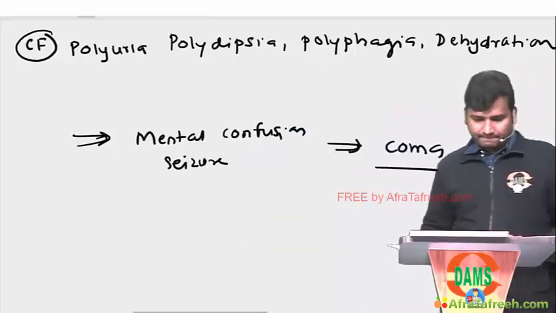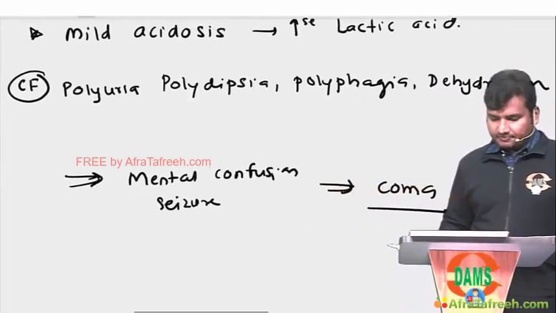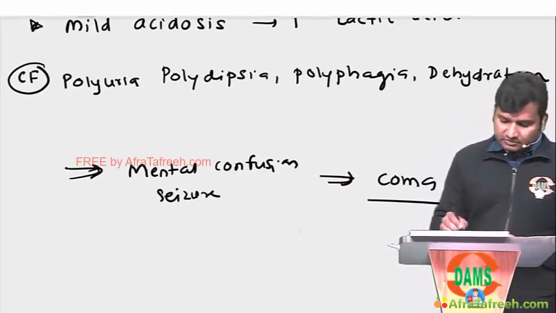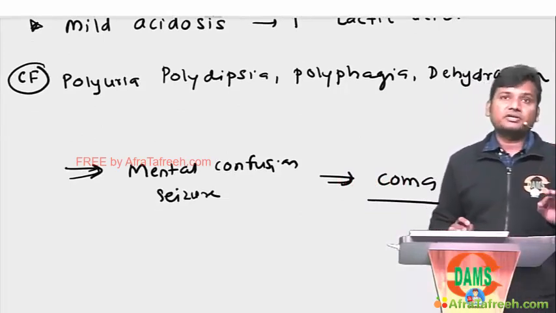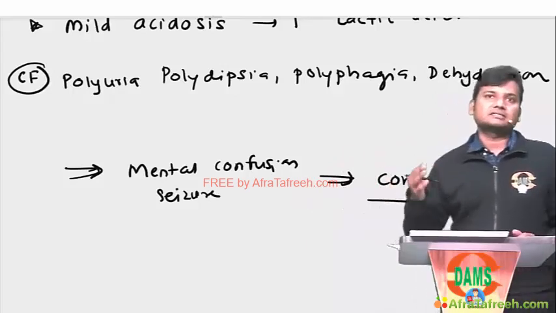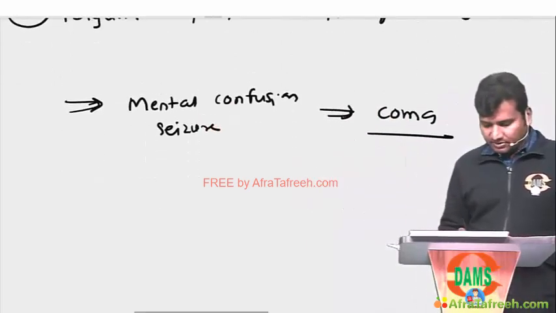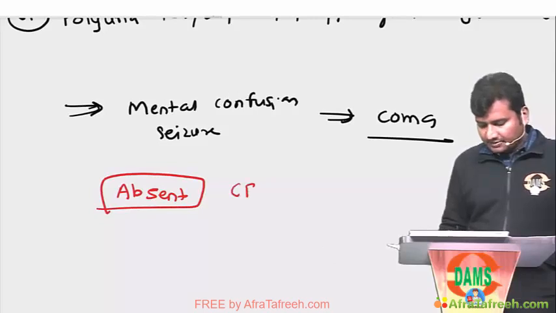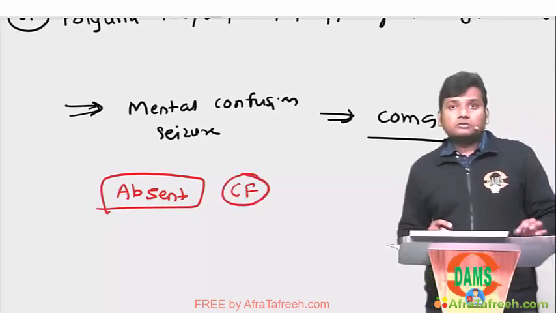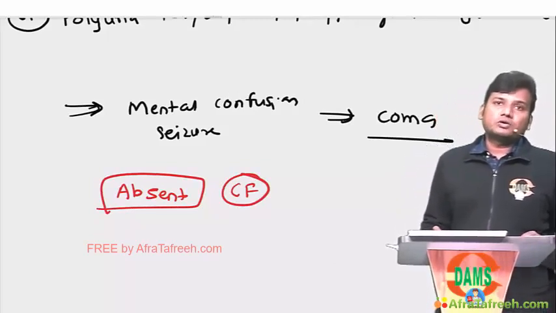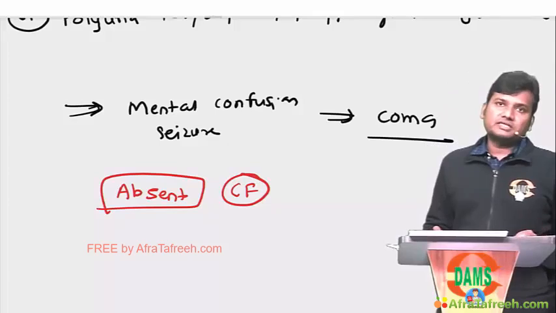Now, what is important here? In hyperglycemic hyperosmolar state, in the MCQ exam they will ask you which of the following clinical features is absent in HHS. So please remember the absent clinical features. As we have seen, ketones are absent in HHS, so clinical features which are because of ketones will be absent in HHS.